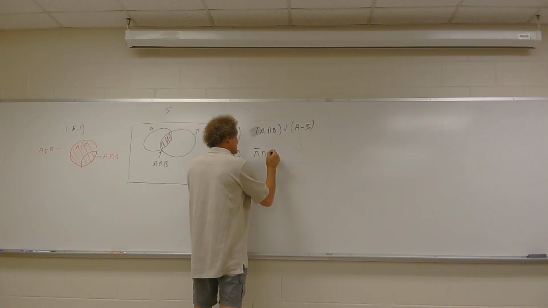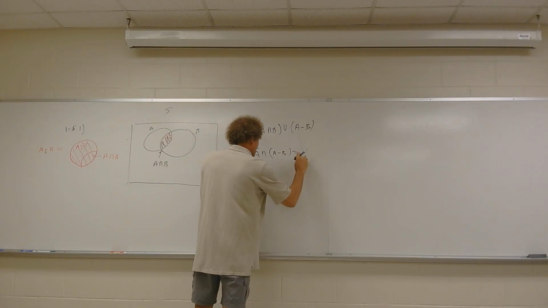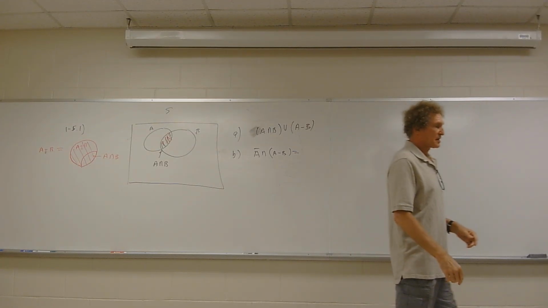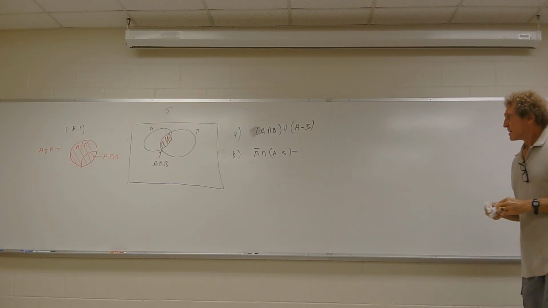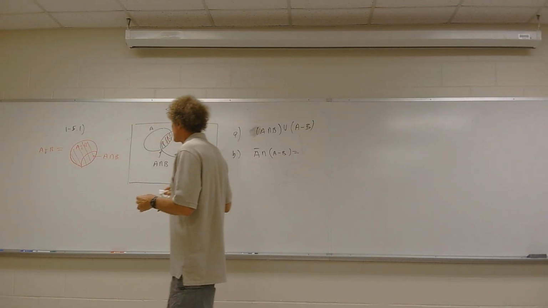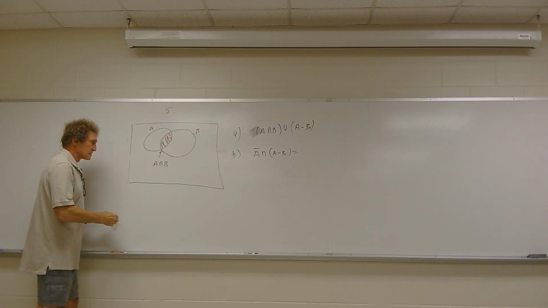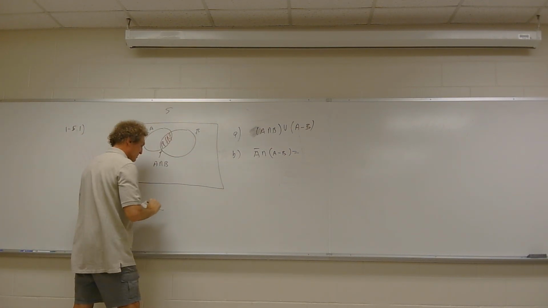Go ahead. A complement intersects A minus B. Is A minus B in parentheses? It is. All right. Now I want to take a look at what that's going to be. I want you to just think about this, and I'm going to simplify this.